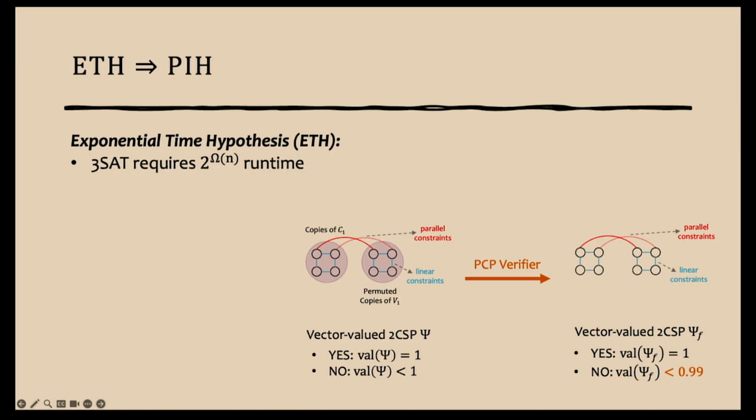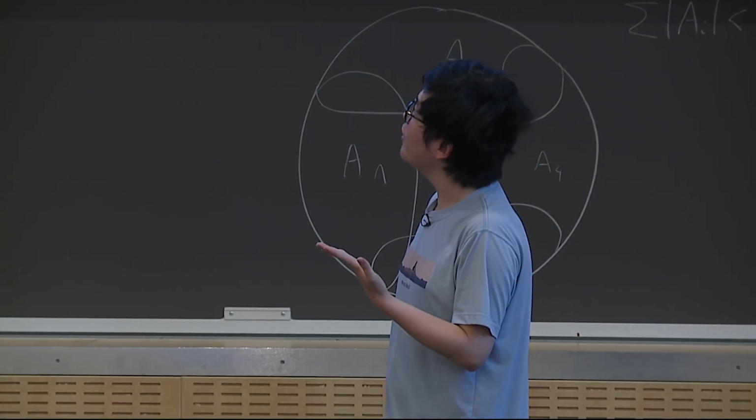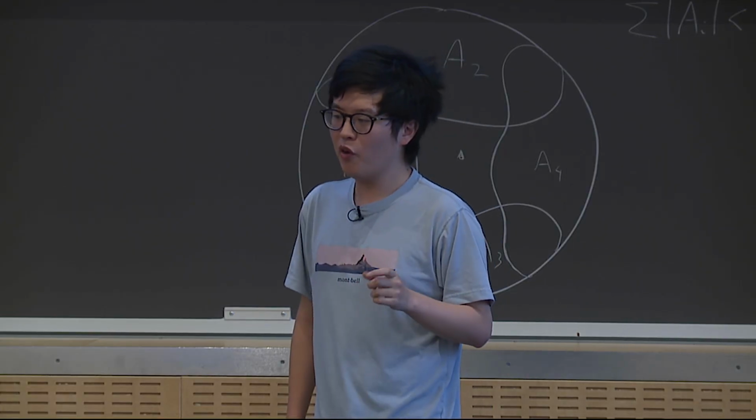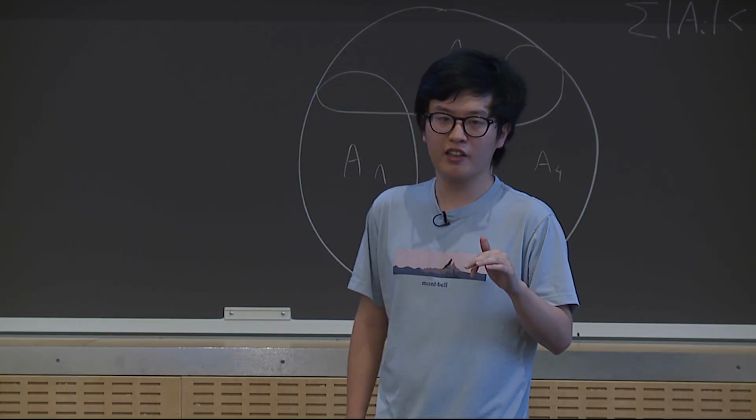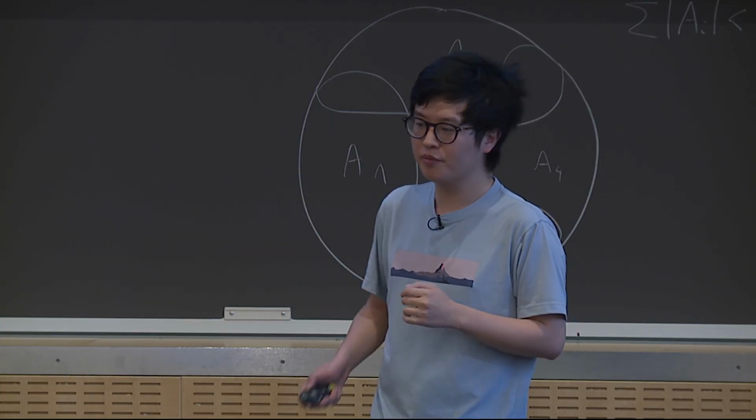And then I will talk about how to create gaps from a vector valued CSP to its gap version. We need to use the PCP verifier, so I will introduce what a PCP verifier is here. Given the CSP instance, we want to verify whether an assignment is exactly a solution of this instance, that is, satisfies every constraint.